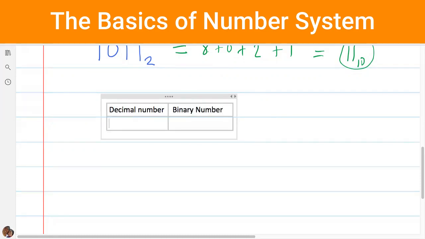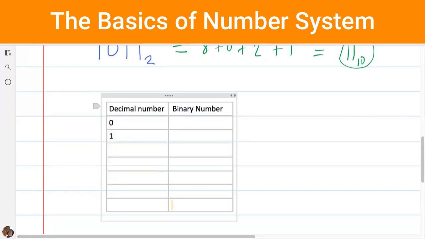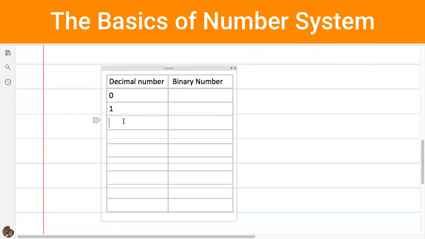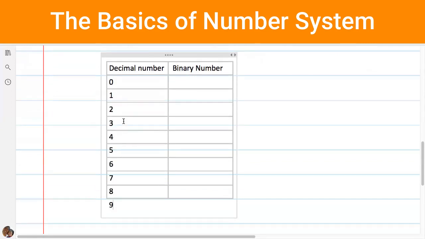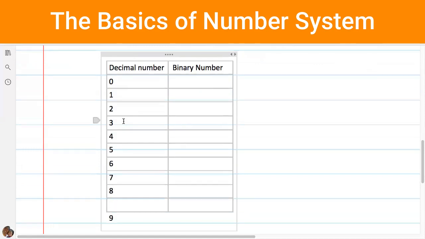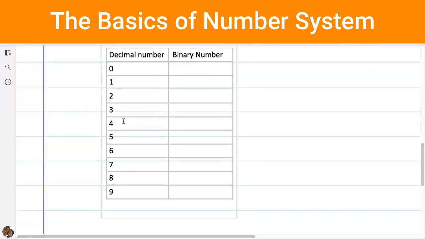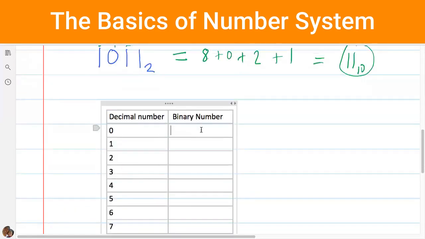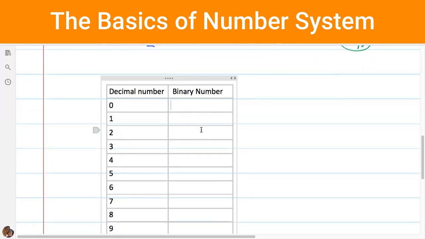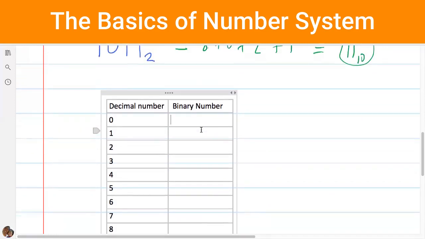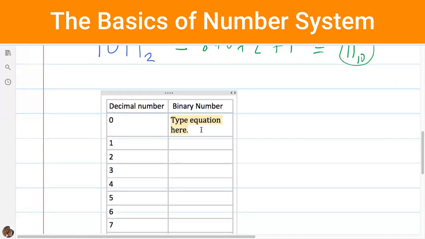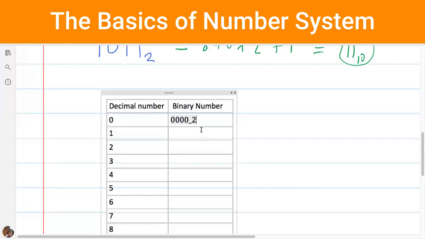Let's start with a decimal number of 0. Now I will be comparing the numbers 0, 1, 2, 3, 4, 5, 6, 7, 8, let's say 9. Now, 0 in binary, let's have a 4-digit binary number.